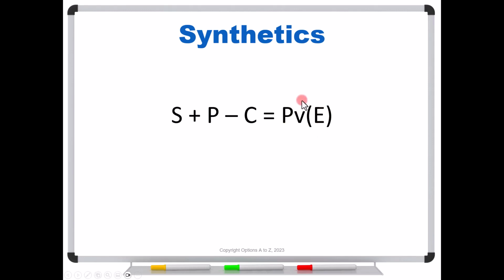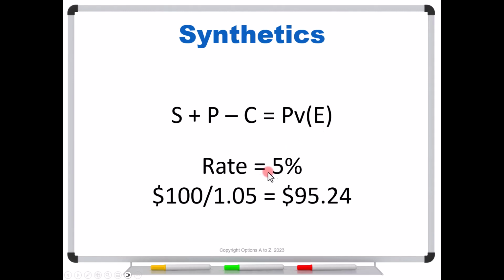So you can think of this right side of the equation as a T-bill or a bank CD. What we're saying is, how much would you need to deposit today so that when we get to expiration, the amount of cash we would have would equal the exercise price. For example, let's say the interest rate is 5% and we have a 1-year $100 call option. The 100 is the exercise price.